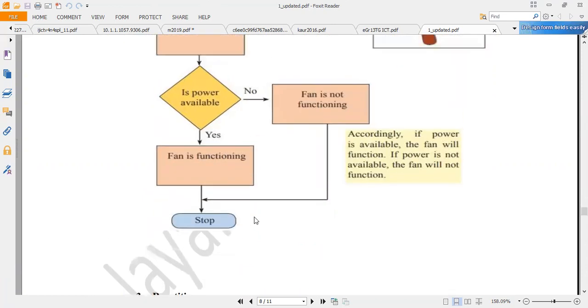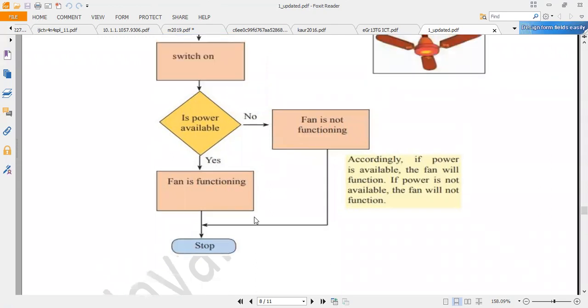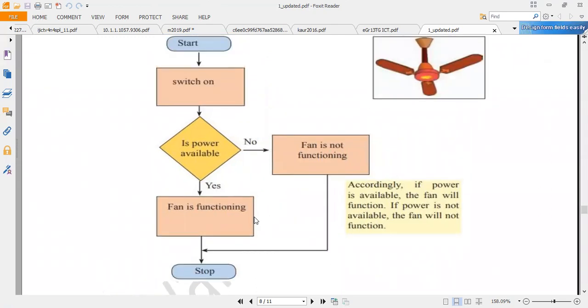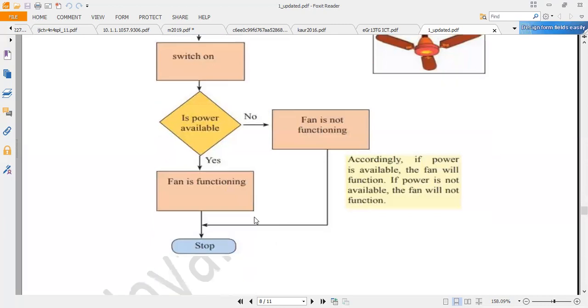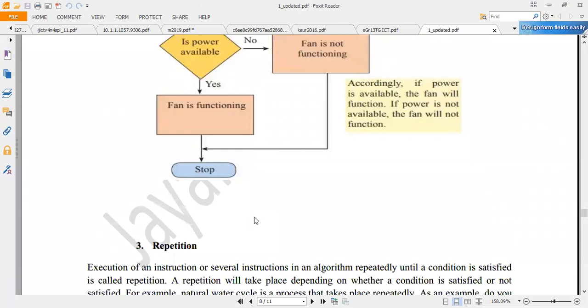Yes, we know some situations: we get hungry, we get thirsty, we repeatedly drink, we repeatedly eat something until we get satisfied, until we reach some satisfied state. Those are repeating actions. There are many repeating actions we do in day-to-day life.